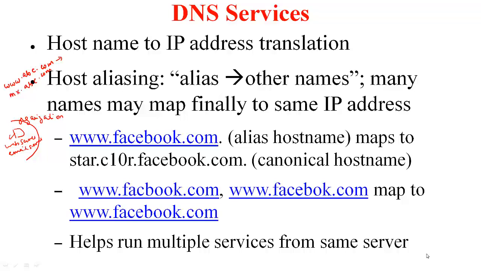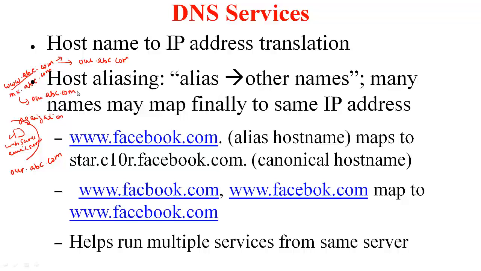But internally you are implementing this on one machine. Let us call it our.abc.com. So in this case, host aliasing is very useful. What you do is you provide an alias which maps this particular host name to our.abc.com, and similarly this also maps to our.abc.com.